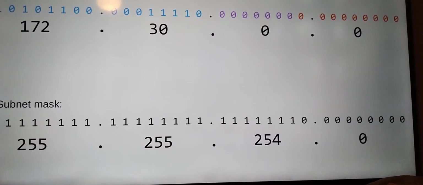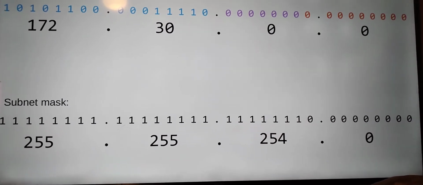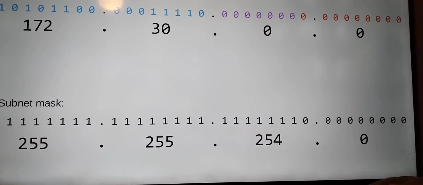So looking at the second part of the question, it states that we need 500 hosts per subnet.